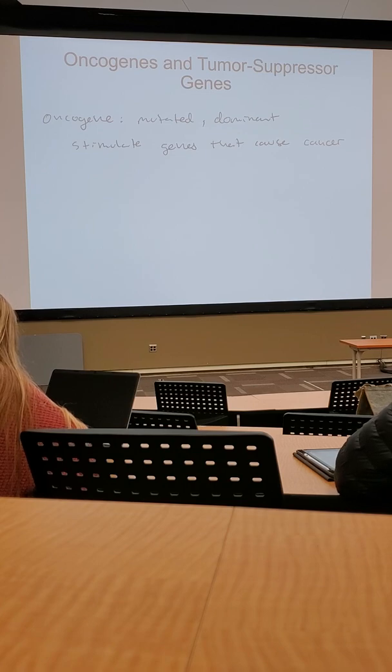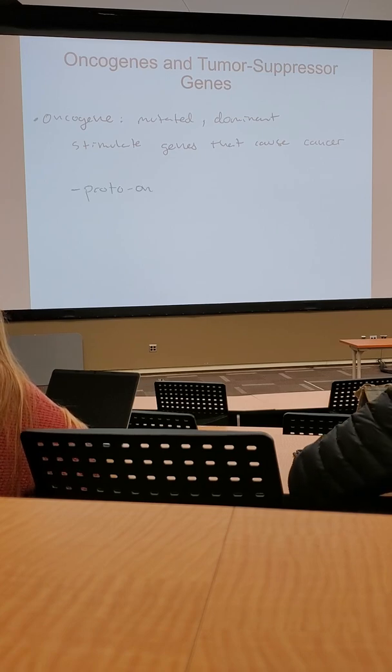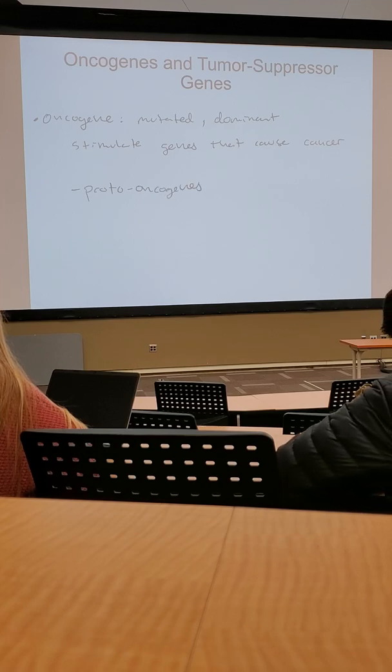So this is the mutated case, so it gives us ideas about what type of genes might become oncogenes. We call these proto-oncogenes. If we have a mutated gene that can change gene expression at a whole genome-wide level, the wild-type gene must be responsible for a basic cellular function.